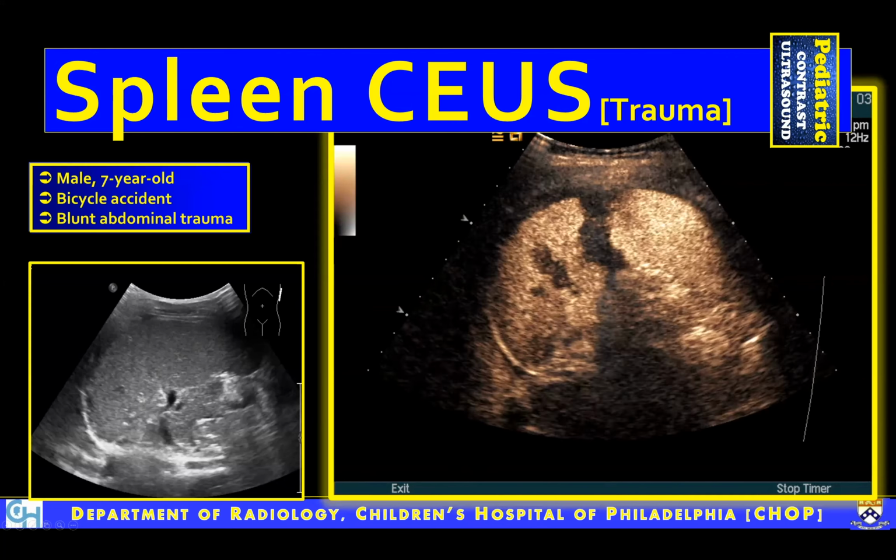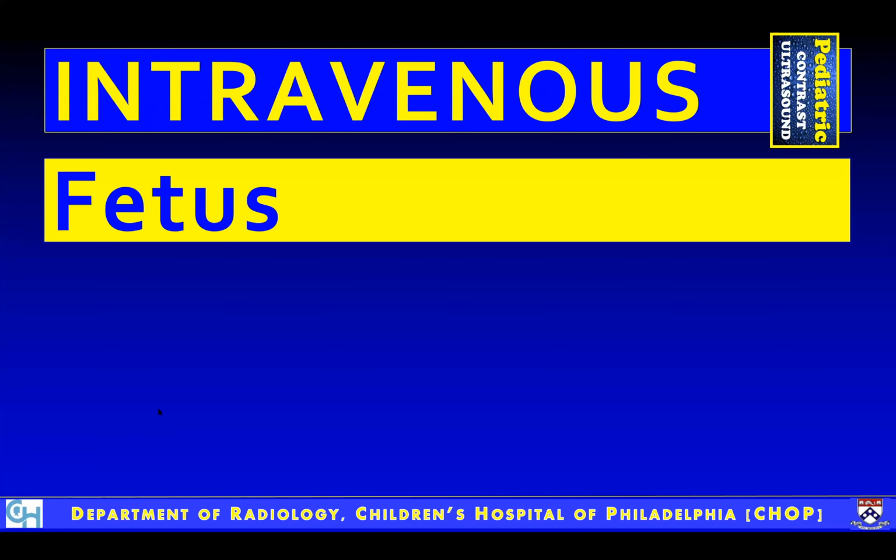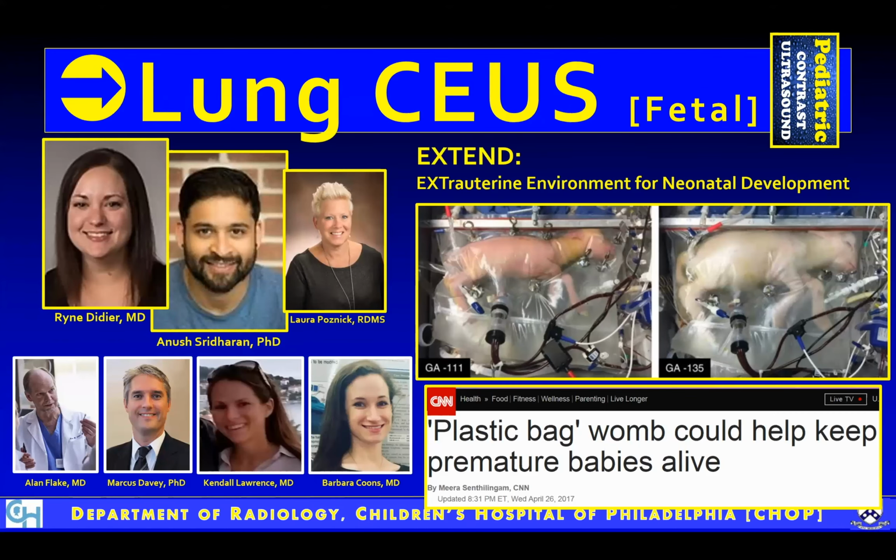So let me start with the fetus. This is very interesting, and I want to share this with you. Our surgeons are working on creating what is known as an extrauterine environment for neonatal development.